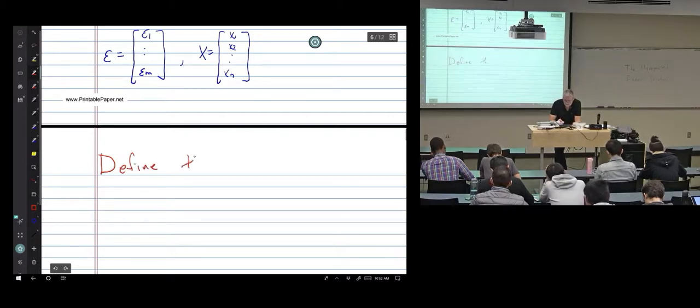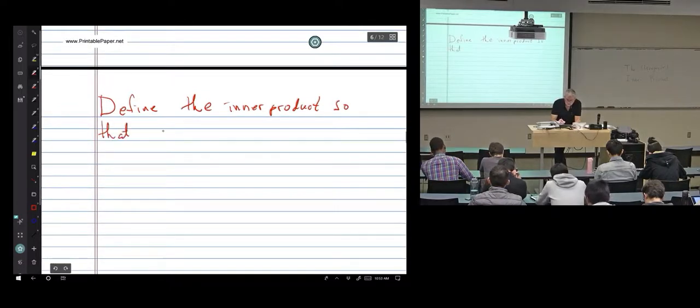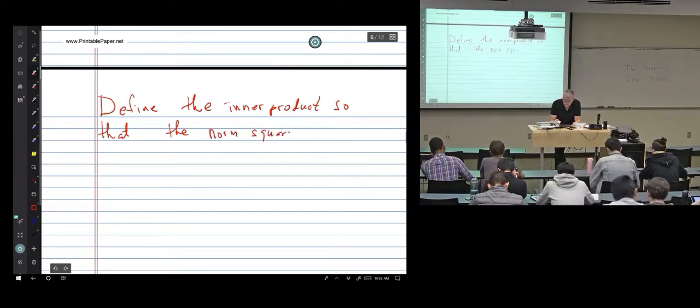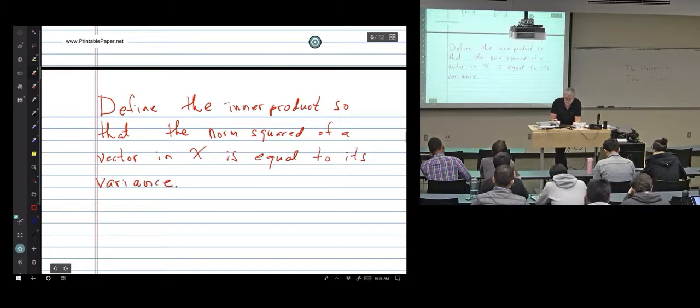I'm going to define the inner product so that the norm squared of a vector in X is equal to its variance. Okay?